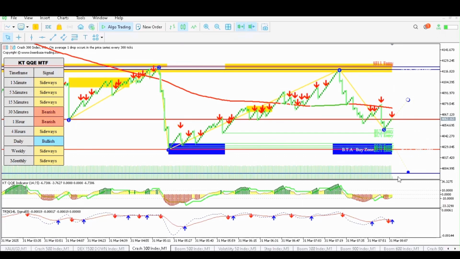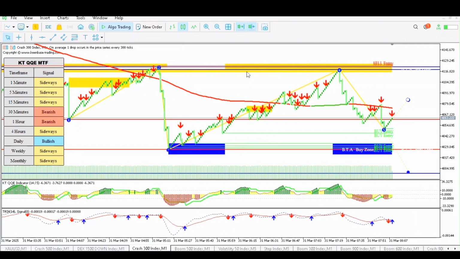Then we also have these lines which are blue and red lines. Those lines are there to show us that there is a resistance around those lines. For instance, here there are two blue lines, which means that area has got a lot of resistance. So if you want to try to catch a spike, you can try to enter it on that red line.